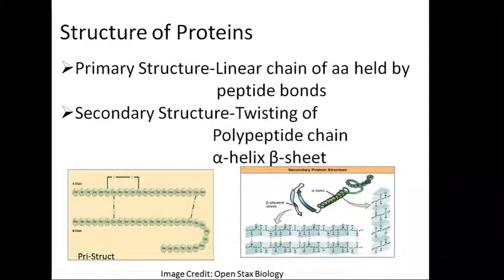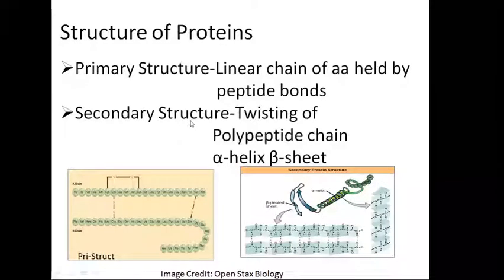Coming to the structure of the proteins, they can conveniently be divided into four levels of organization, namely the primary structure, which consists of the amino acid sequence in a linear chain, held together by the peptide bonds.